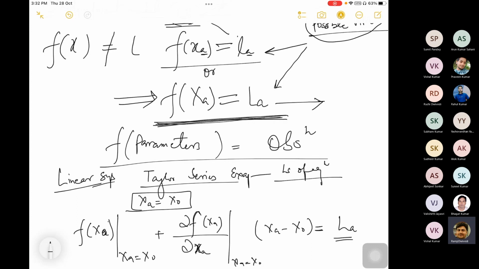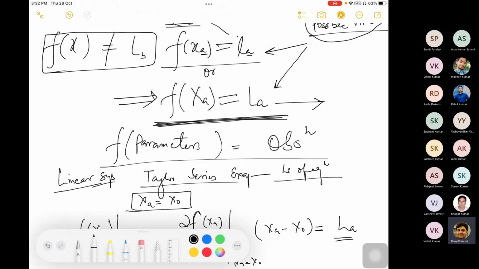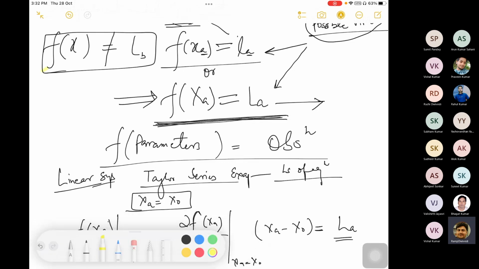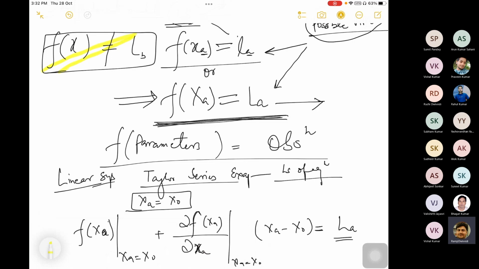It is not true if you take the raw observations. Please remember always, every time, that you will form the functions or possible mathematical model with adjusted values, not with the raw values.